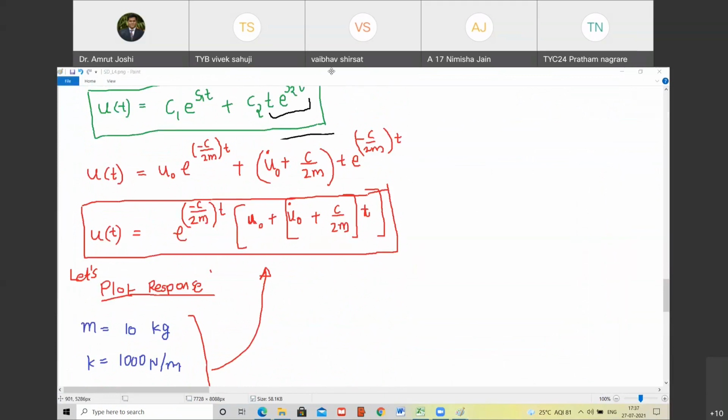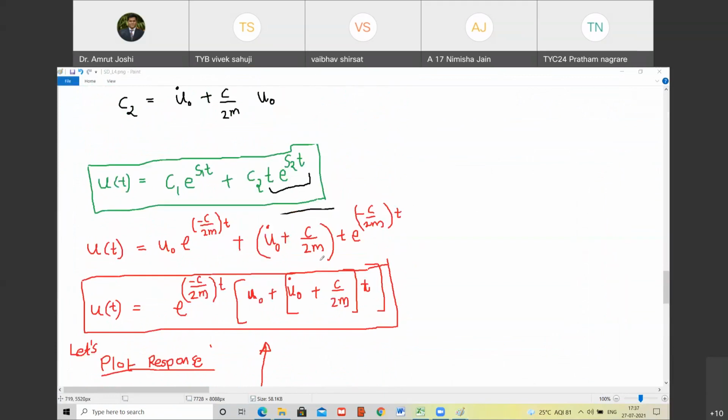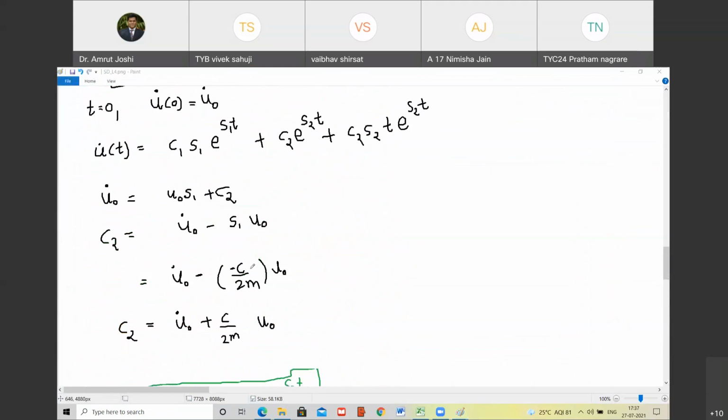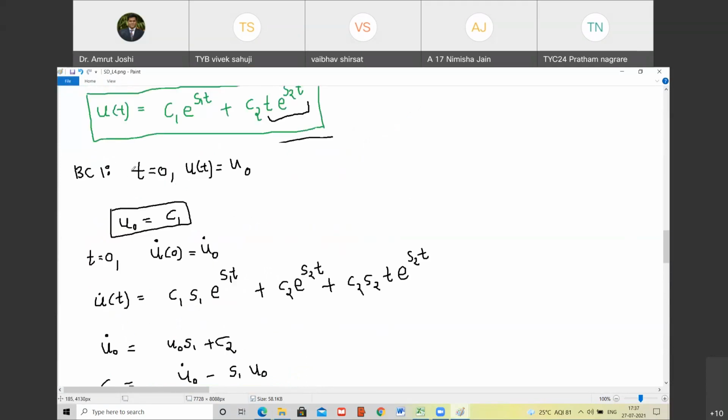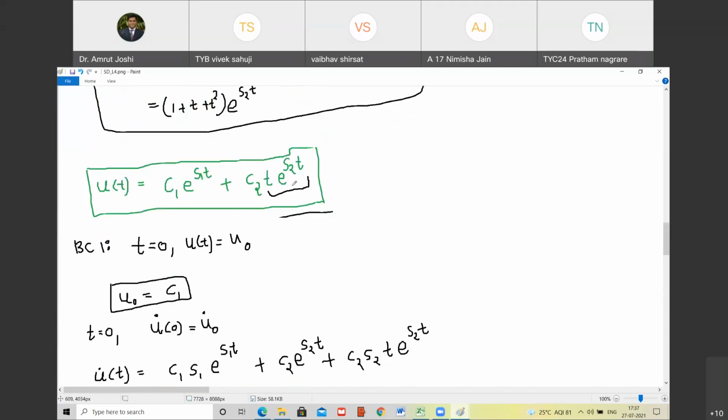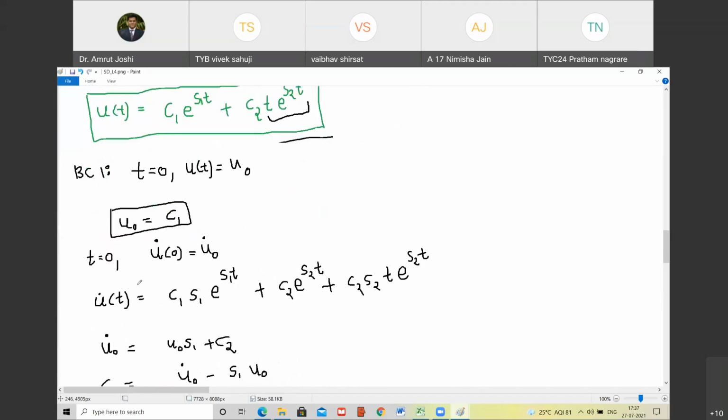Check the calculation and tell me, have we made an error of sign somewhere? We just need to check that. So here, boundary condition 1, t equal to 0, u of t is u0, u0 is c1. That is correct. Then u dot of t is equal to u0 dot.